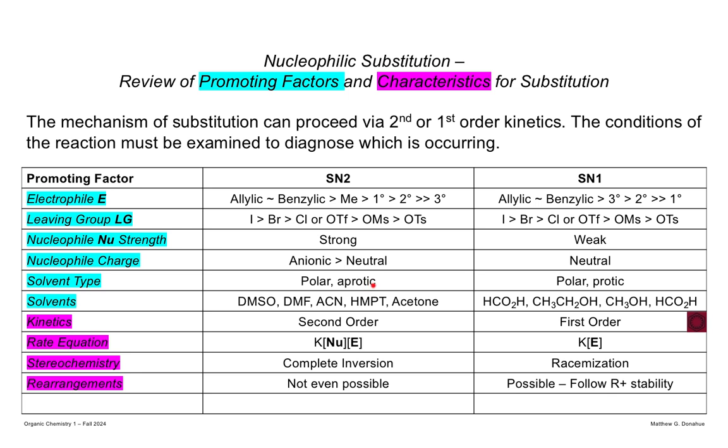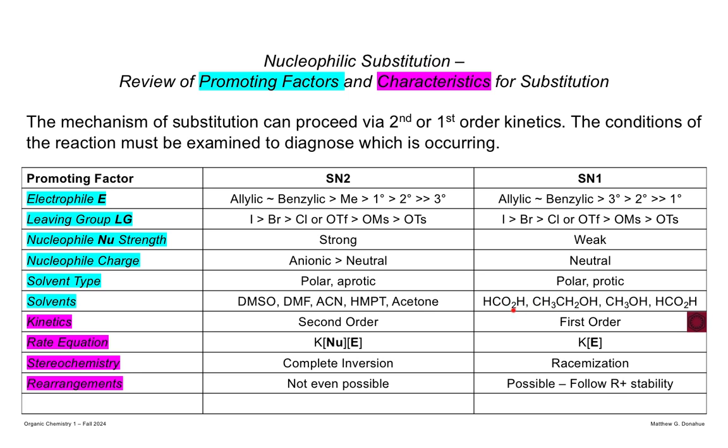For SN2, you want polar aprotic solvents. And again, the aprotic helps stabilize the metal of the ionic nucleophile. For SN1, you want the protic solvent that will help ionize the leaving group bond. The solvents are shown here, so DMSO, DMF, acetonitrile, hexamethylphosphoramide, acetone.